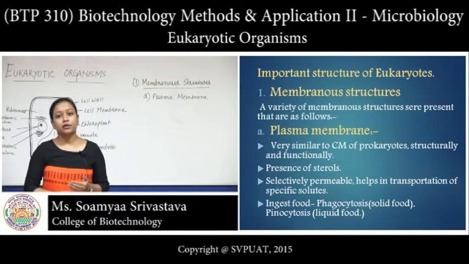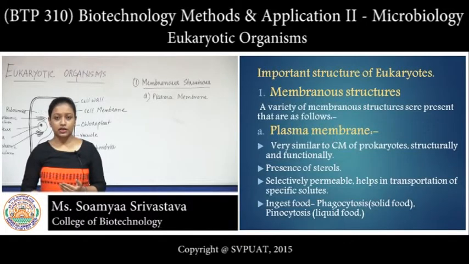It mainly performs the ingestion of food via phagocytosis and pinocytosis. Phagocytosis is the ingestion of solid food and pinocytosis is the ingestion of liquid food materials. They also contain a large amount of sterols, which are not found in prokaryotic cells.